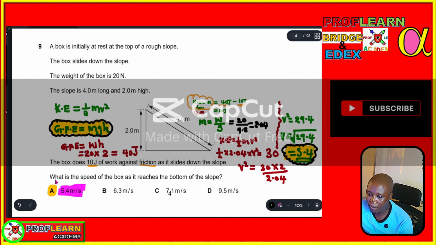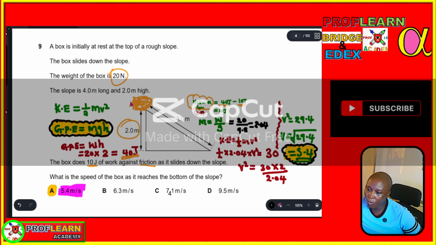So that is going to be 40. And how are we getting the 40? Gravitational potential energy from this height is going to be mgh, but mg is the weight, which is going to be 20 newtons. So if we take 20 times 2, we get the gravitational potential energy this box was having at this given point.